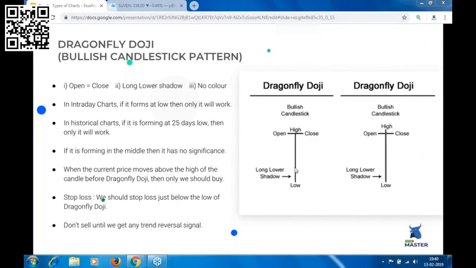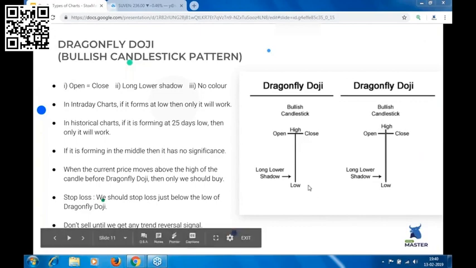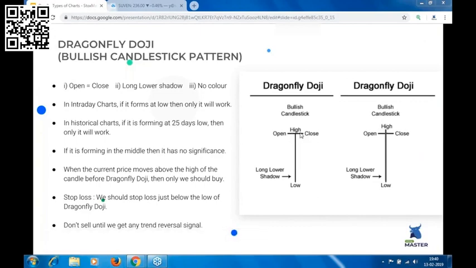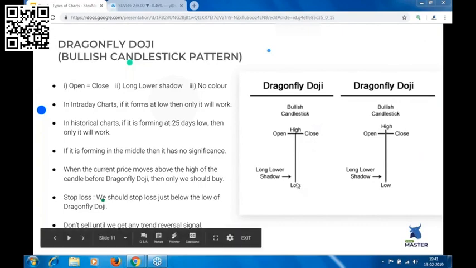The bears tried to take the market down, but then at the lower level, the bulls came in control, pushed the prices up, and the prices closed at the same level where they opened. Again in this candlestick pattern, the entry for us will be above the high of this candlestick. When the high is broken, we can say that the trend has reversed, by keeping our stop loss just below the low of this candlestick pattern.